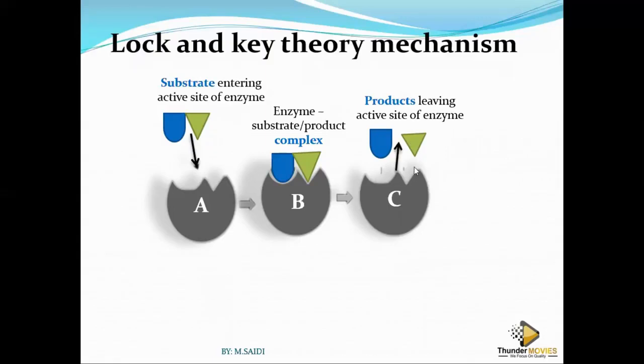Now they are freed, and the enzyme is going to be used over and over and over again. You see that the enzyme did not change. It remained the way it was. It was just to break down this substrate.